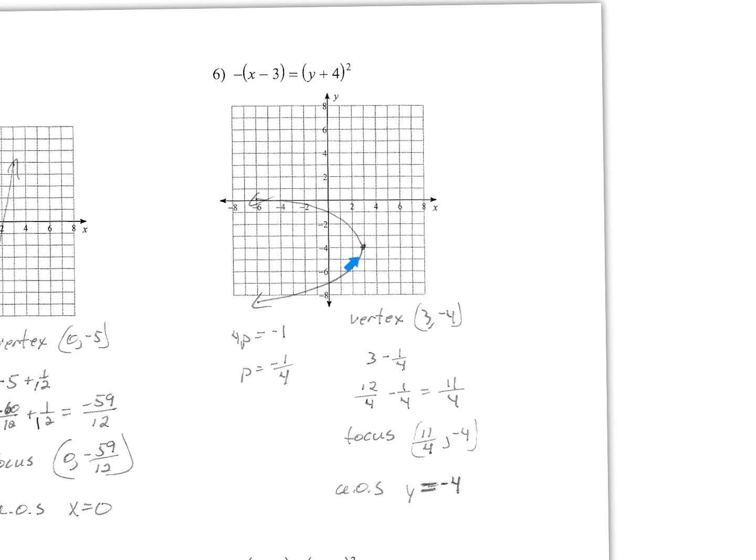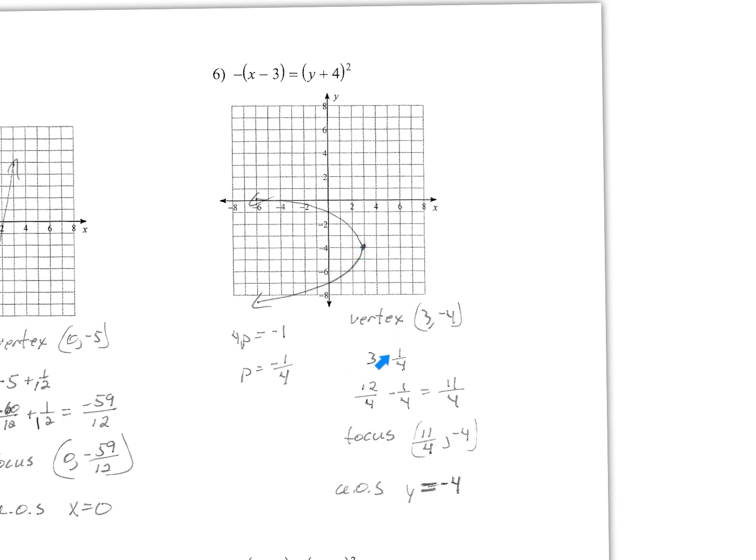Now, in order to identify the focus, we need to know what p equals. Well, we know that 4p is negative 1. So 4p equals negative 1, and we divide by 4. P equals negative 1/4. That means we're going to subtract 1/4 from the x value of the vertex, which is 3.